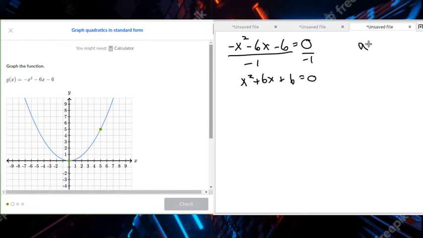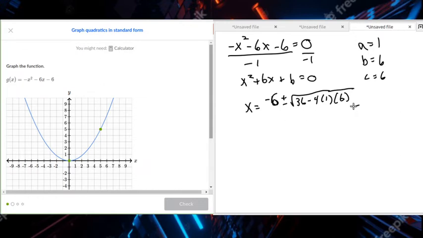Now I have a equals 1, b equals 6, and c equals 6. So using the quadratic formula, our zeros are negative b, negative 6, plus or minus the square root of b squared, 36, minus 4 times a times c, all over 2a.